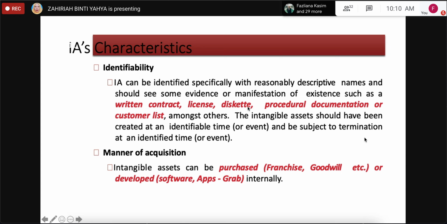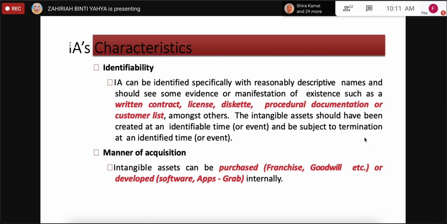Okay. So manner of acquisition macam mana? Macam mana seseorang tu dapat intangible asset? Sama ada dia belilah. Dia beli dari macam franchise ya. You nak buka KFC dekat kampung you, beli lesen kan? License purchase.